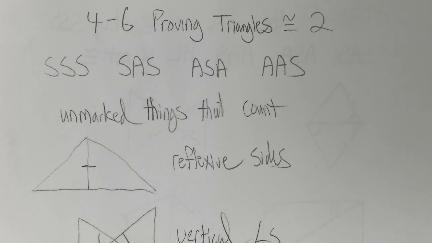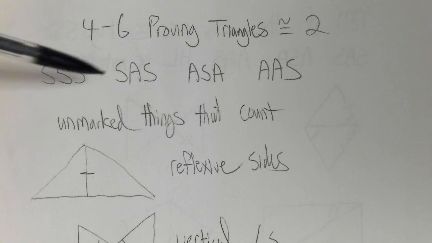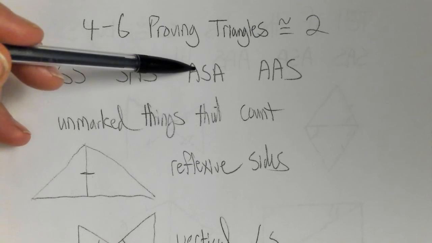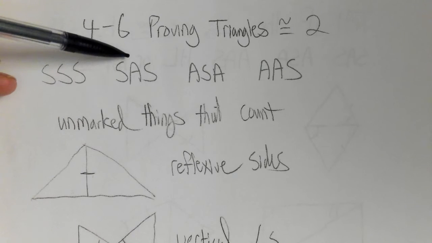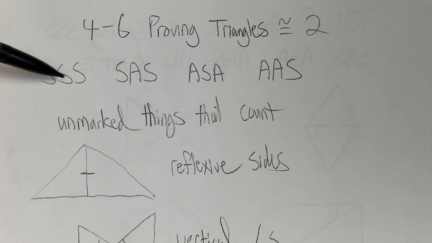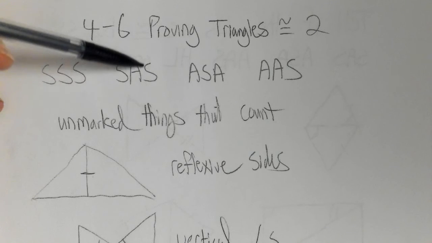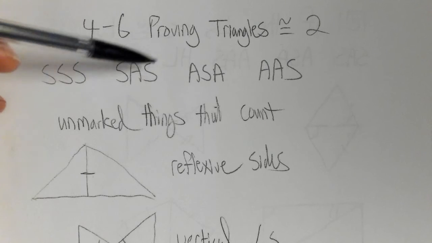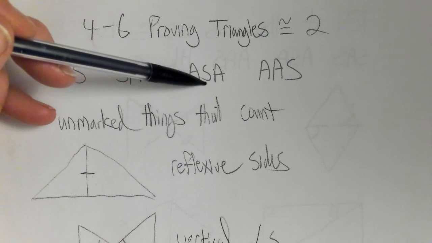Alright, and the theorems that we looked at last time were side, side, side; side, angle, side; angle, side, angle; and angle, angle, side. Some of the key points were side, side, side is easy to recognize. Side, angle, side, you've got to have the included angle, and we talked about that. Angle, side, angle, meaning you have to have the included side.